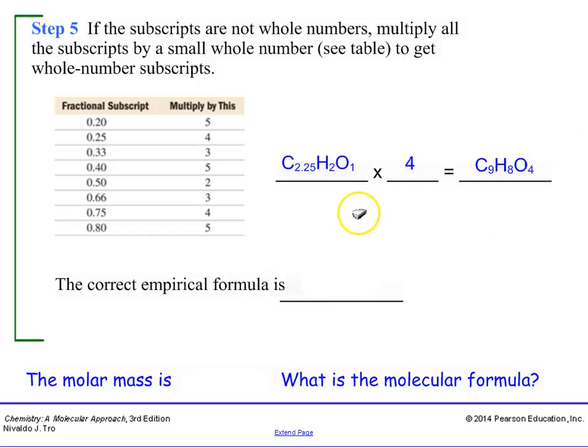Multiply it out, and I end up with C9H8O4. So that's the correct empirical formula. In order to know the actual formula, I also need to know the molar mass. In this case, 360.3 grams.